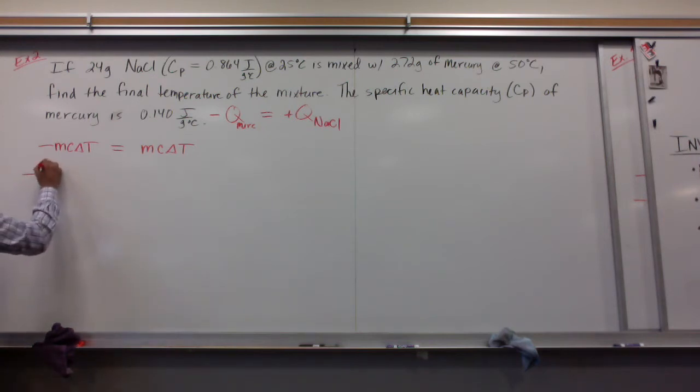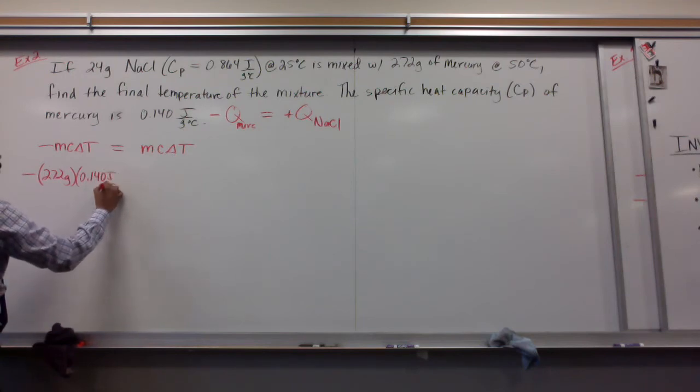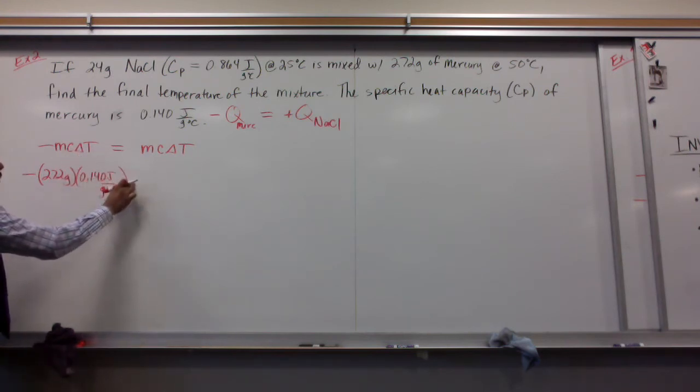So I have minus my mass of my mercury, which is 272 grams, times my specific heat of mercury, which is 0.140 joules per gram degree Celsius, times the delta T of my mercury.